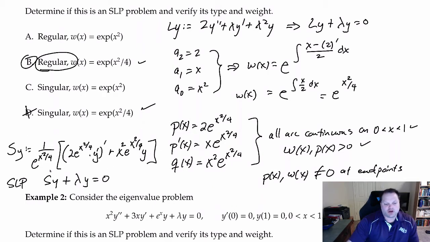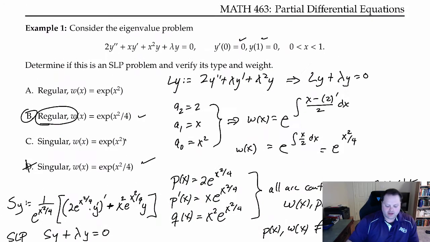S operator version. And so this is Sy plus lambda y, the form of the eigenvalue problem, which is called the SLP. It doesn't look pretty. I mean, it's not supposed to look pretty. It's a very weird form. And if you were to multiply through and work out all of these things, you would get it in this much nicer form here.